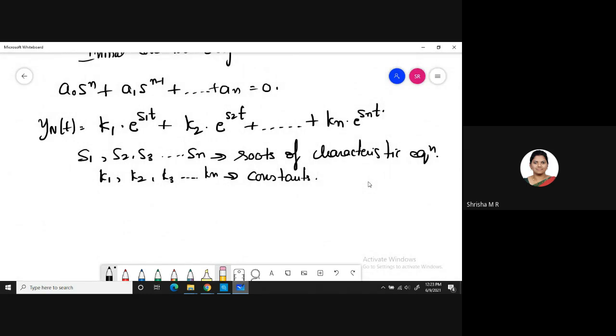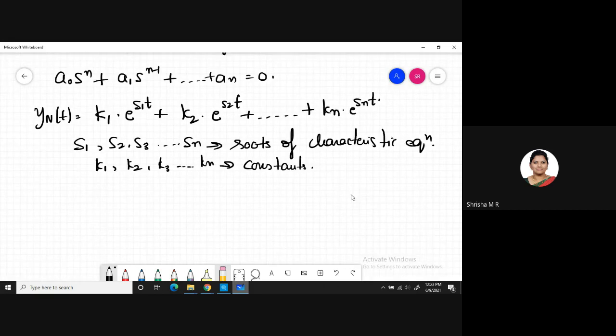So we have a summary chart for roots of the characteristic equation and form of the natural response. Depending upon the roots of the characteristic equation, the form of the natural response will be accordingly. Okay, so let us check that.